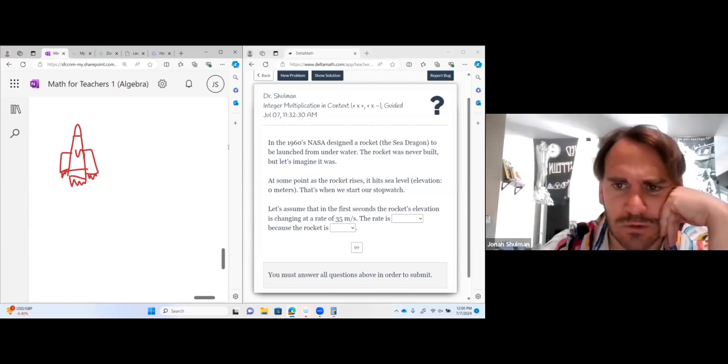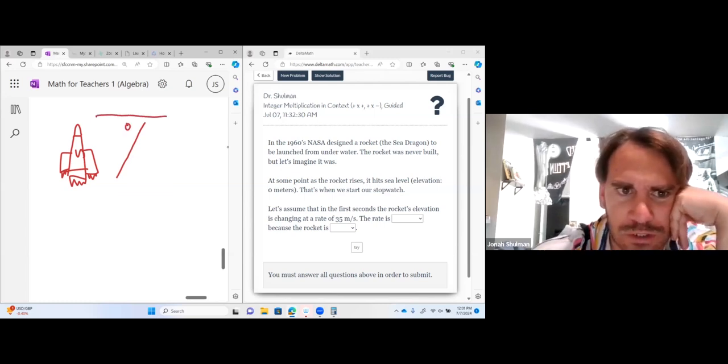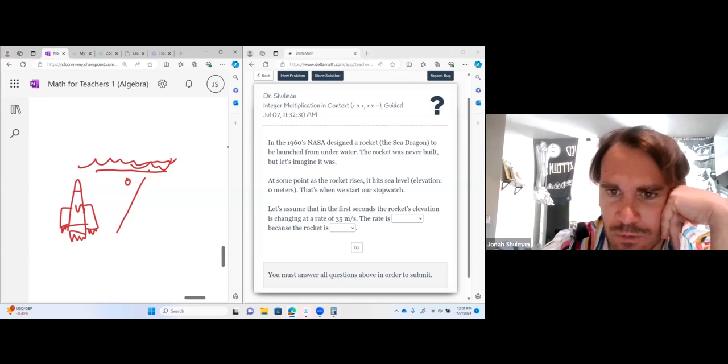At some point, the rocket rises. It hits elevation 0. That's when we start our stopwatch. Once it hits sea level, we start our stopwatch, and that's your sea level.